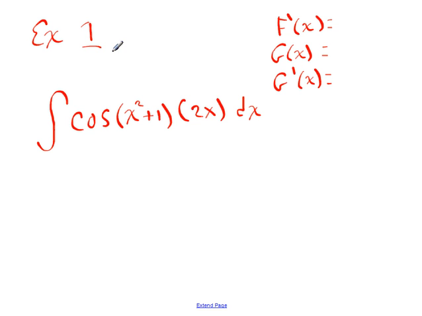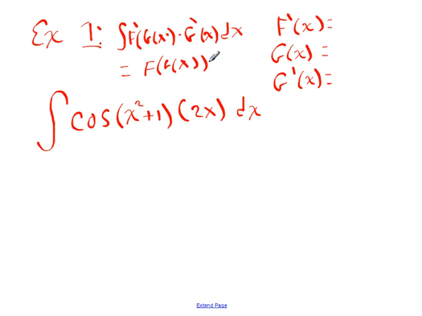Because if we can do that, if we're integrating f prime of g of x times g prime of x dx, what we get back is just f of g of x. Okay, so this is our first go at it.